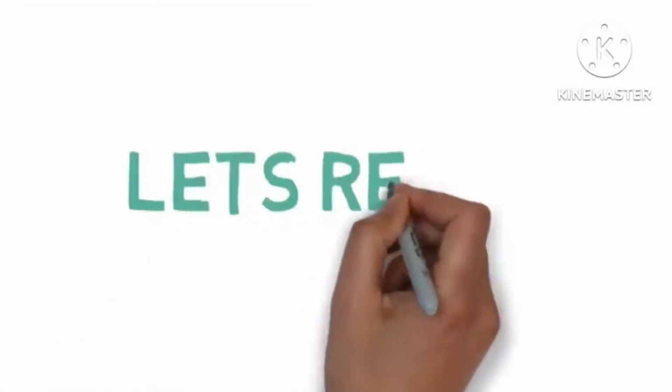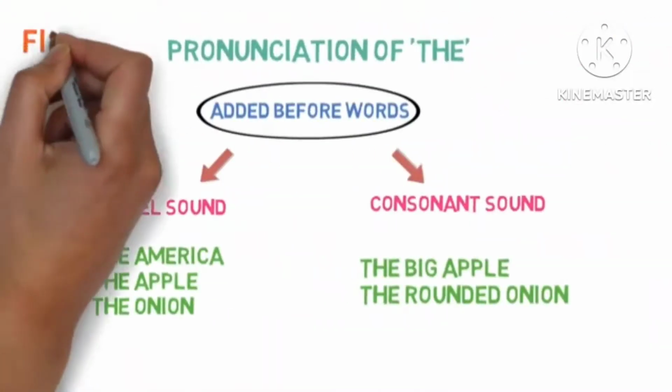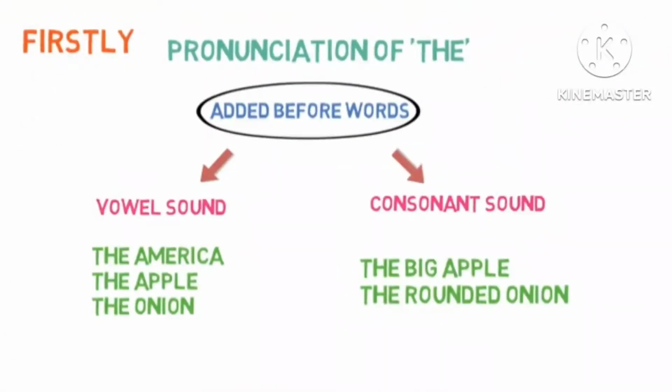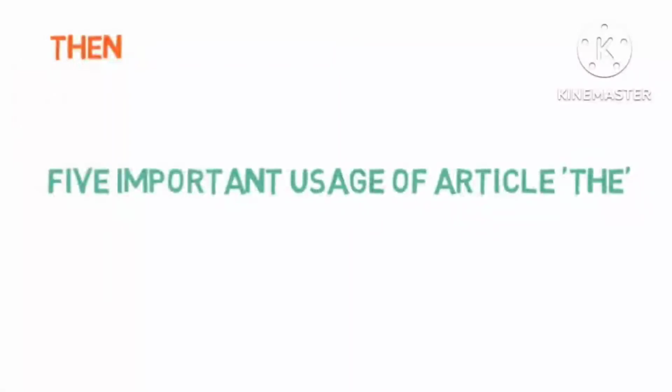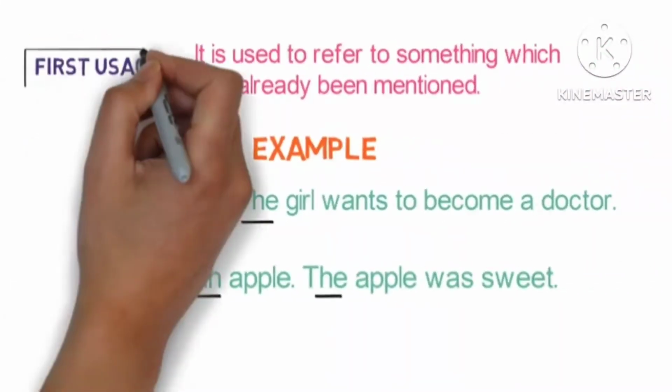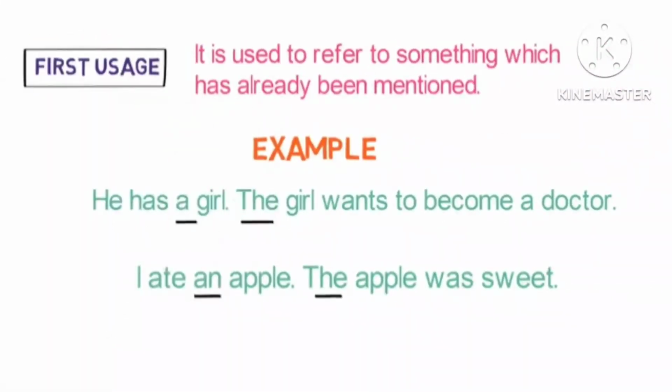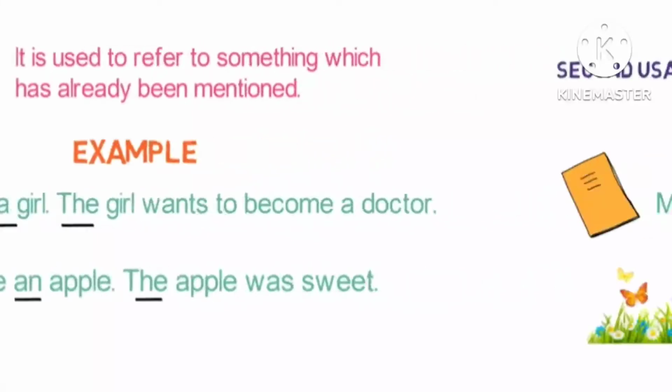Let's quickly revise what we learned in this lesson. Firstly, we understood the pronunciation of the keyword the. It is pronounced as thee if it is used before a vowel sounding word and thuh if it is used before a consonant sounding word. Then we understood the 5 important usages of the article the, which are: first usage is, it is used to refer to something which has already been mentioned.